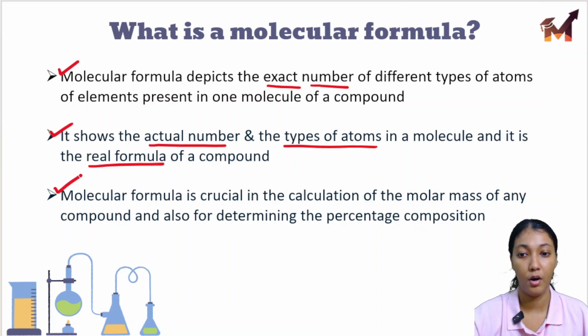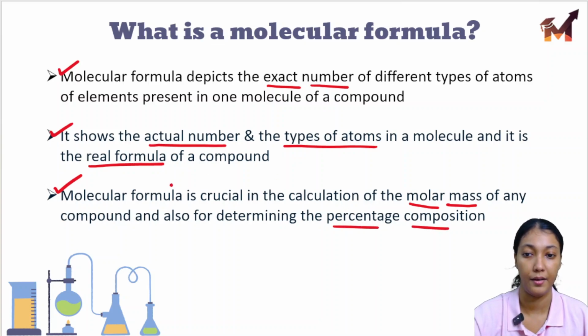And lastly, molecular formula is crucial in the calculation of molar masses of any compound and for determining the percentage composition. So why do we use it? Because with it we can calculate the molar mass, or determine the percentage composition.